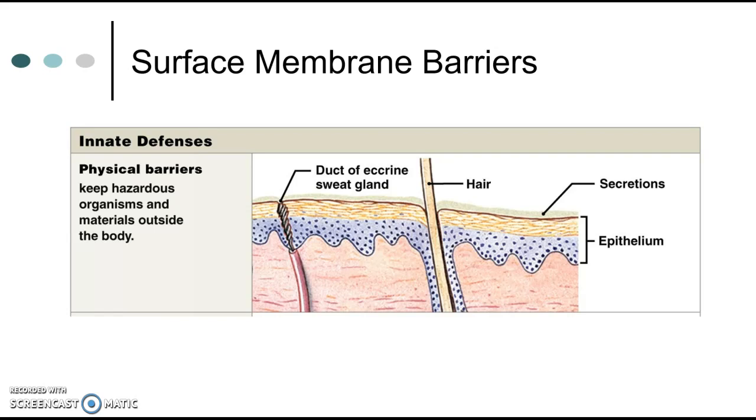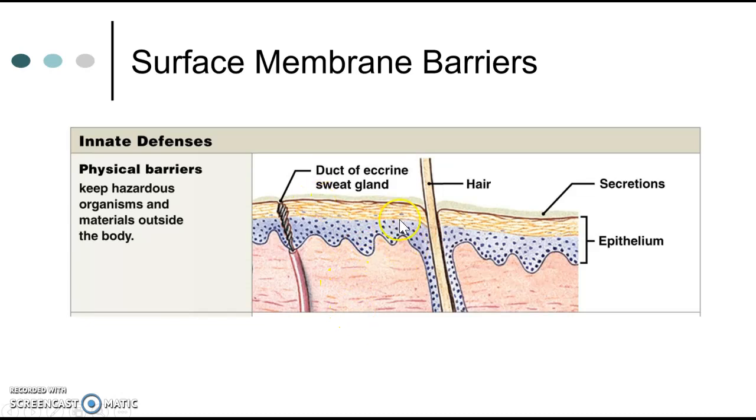So when we take a look at our skin, remember, in order for a pathogen to actually do harm to us, it has to cross the epidermis, it has to cross the hair. And remember, keratin in these layers of your epidermis makes it water resistant, so things can't dissolve in water and then ooze down through these layers and get to something that they can actually harm.